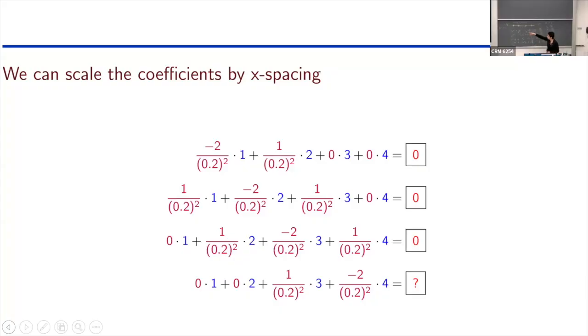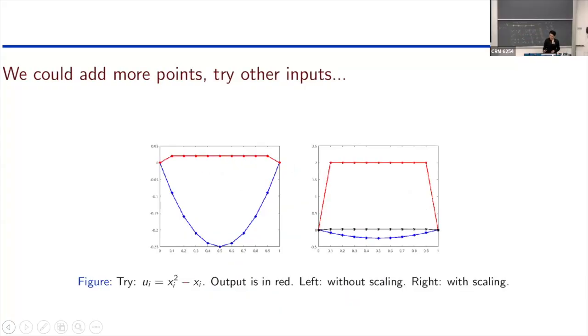All right. So for a different set of numbers, if I put in, let's say, these points in blue, and I put in more points, just saved you the trouble of doing it. And I computed what I got without the scaling, I'd get the curve in red. But if I did include the scaling, now this time I'll have to divide by a smaller h because I have more points.